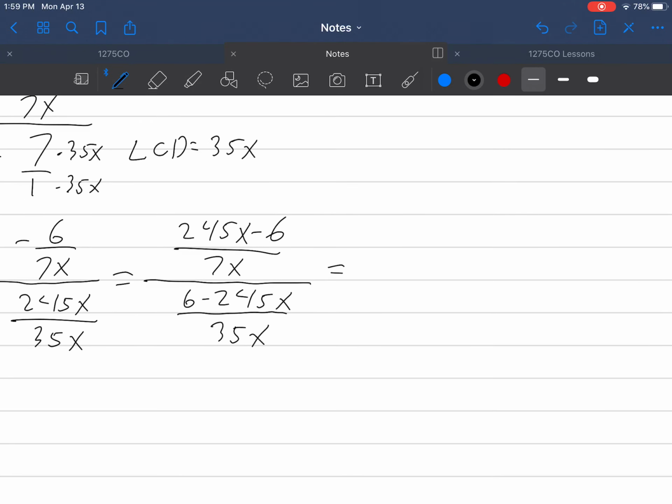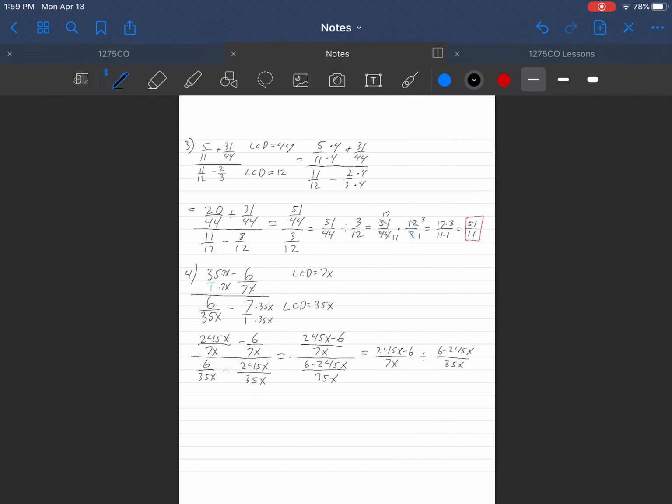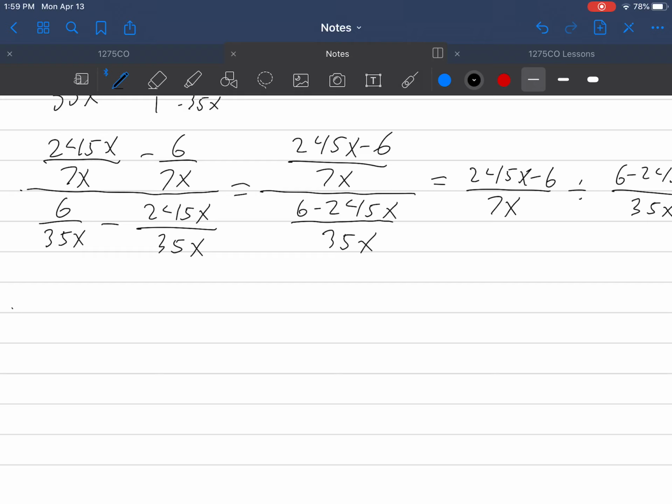But we can combine them into a single fraction, which will allow us to put this as a division problem. Like so. Which will also allow us to keep, change, flip.